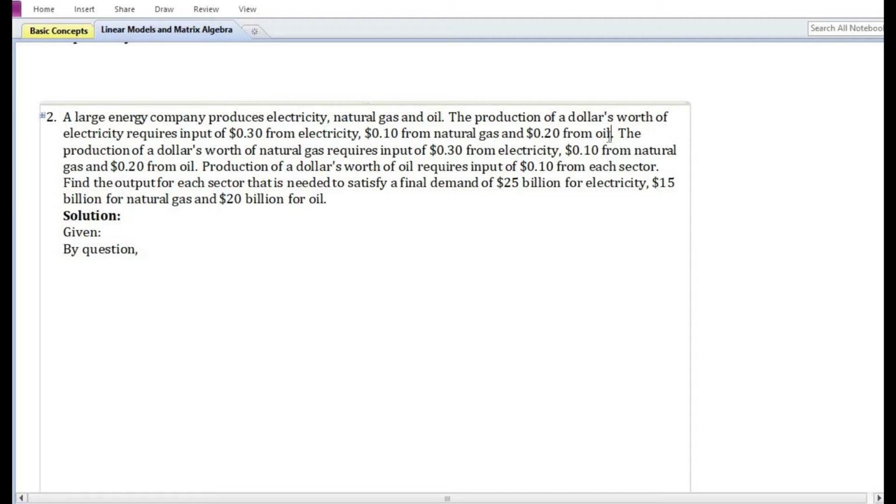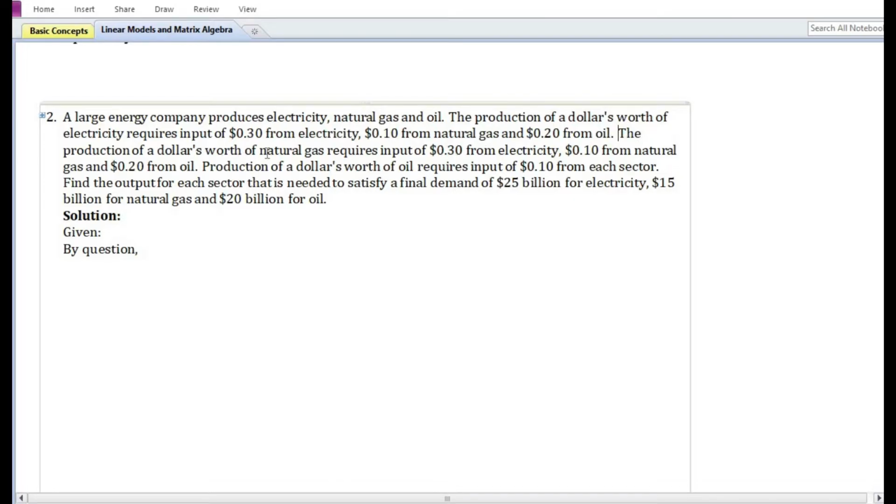This sentence implies that for producing a unit of electricity which is worth $1, input requirements are, in monetary terms, $0.30 of electricity, $0.10 of natural gas and $0.20 of oil.